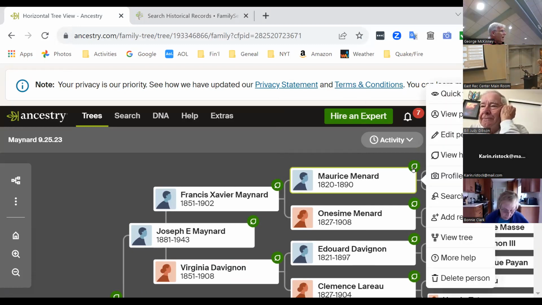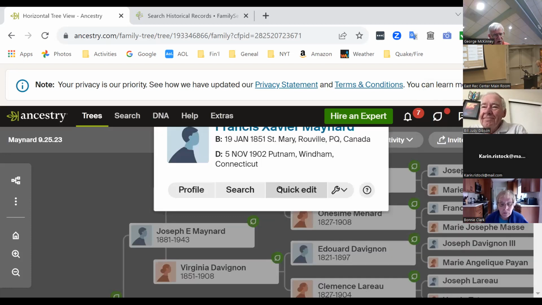When they got here, they anglicized the name to Maynard. One of our favorite pictures in our family history is the tombstone, which has Maurice and Onesme, the parents, on one side with the name Menard, and on the other side Francis and Virginia with the name Maynard. No question about the transfer. So let's look at what kind of things they're offering us here.